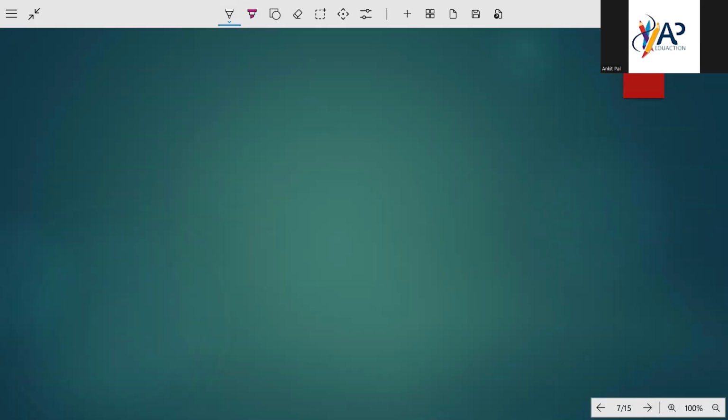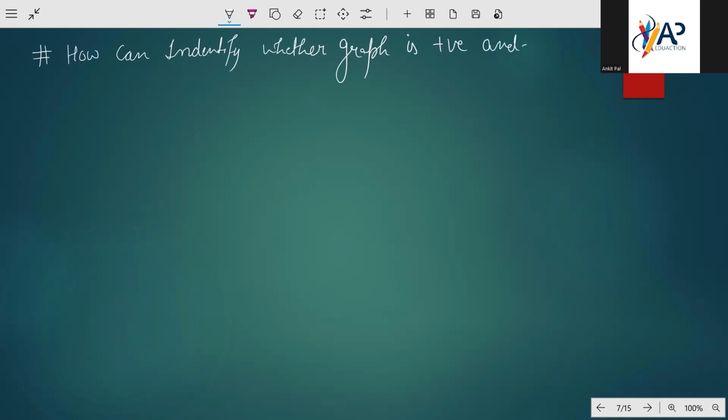Now, how can we identify whether the graph is positive or negative? Suppose that this is a y-axis and it is a x-axis.